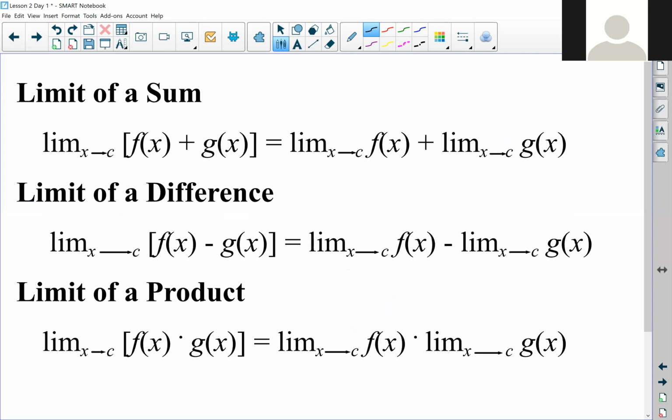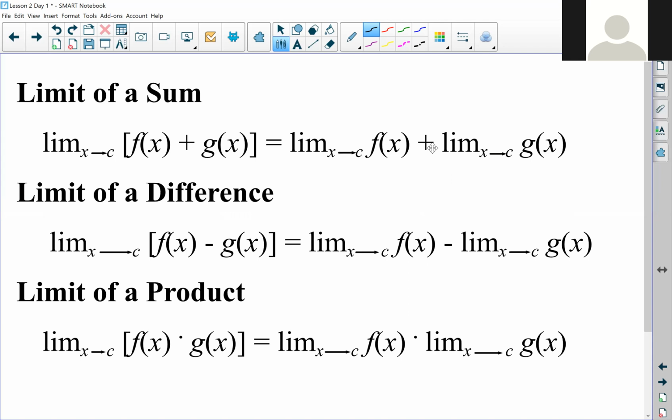All right, 3 other limits that we're going to talk about today. The limit of a sum. If I take the limit as x approaches a value c of f of x plus g of x, what I can do is break that sum apart and find the limit as x approaches c for f of x and the limit as x approaches c for g of x, and add the two together.